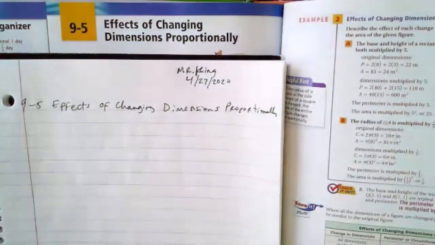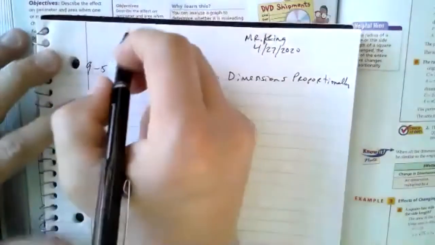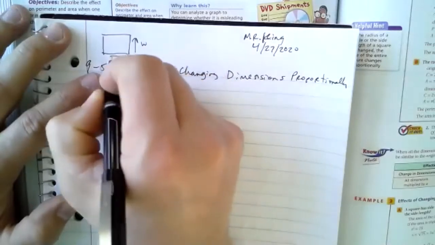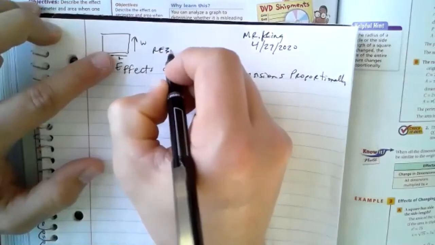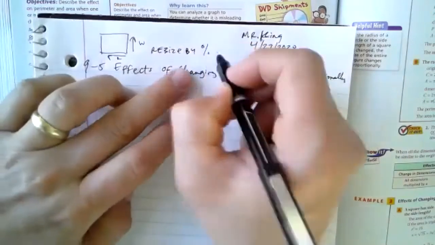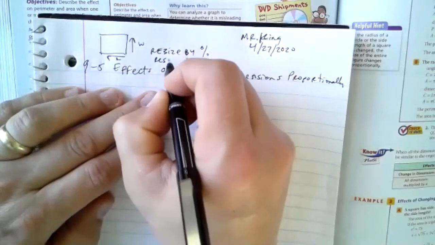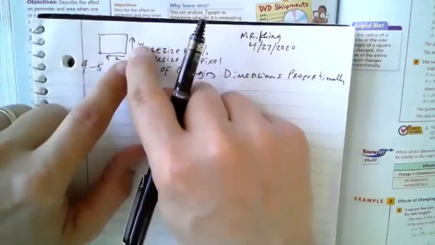I don't know if any of y'all have had any experience with editing photos and stuff like that. Whenever you edit photos on a computer, you usually have one or two options. Like you can resize the length and the width by percentage or by pixel, and it's kind of like what we're talking about today, where we resize this by 200%.